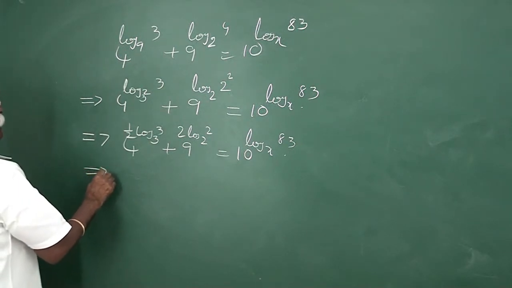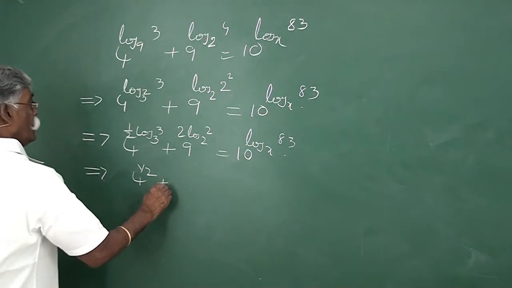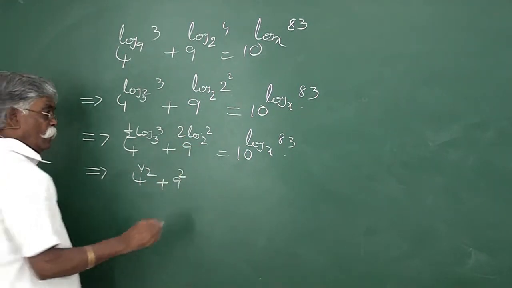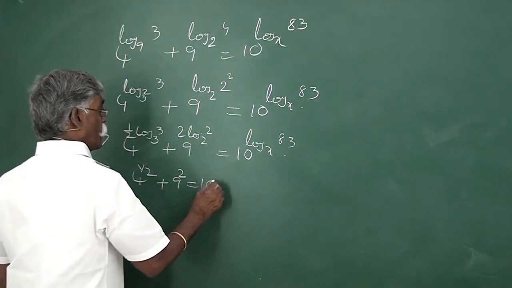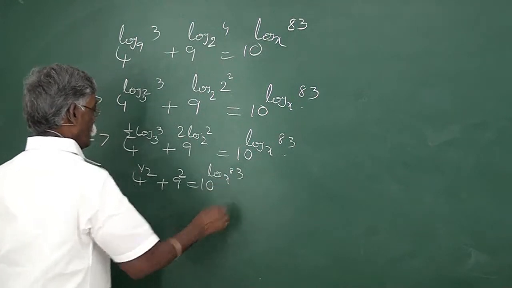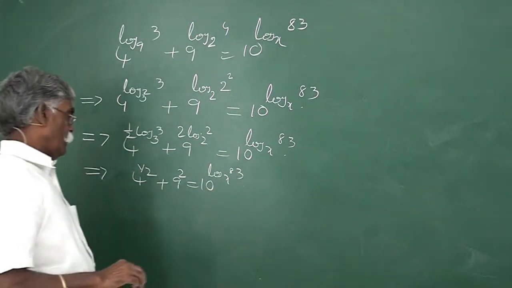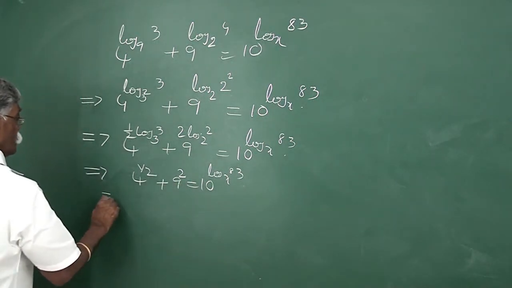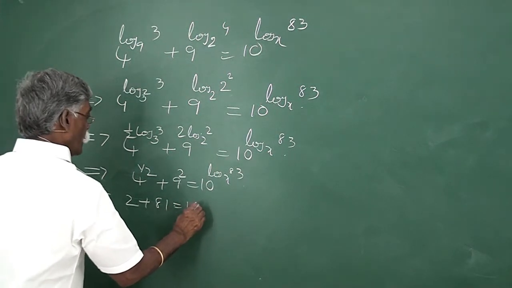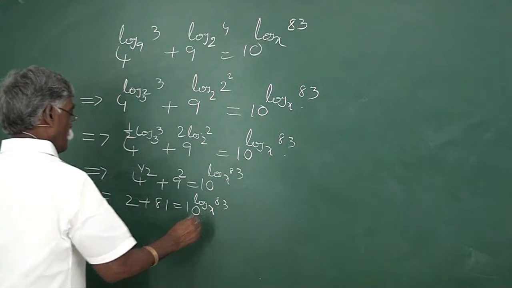And log 3 base 3 is 1, therefore here we are left with 4 power half, and here it is 9 square since log 2 base 2 is 1, is equal to 10 power log 83 to the base 6. So this is 2 and this is 81. So 2 plus 81 is equal to 10 power log 83 to the base 6.